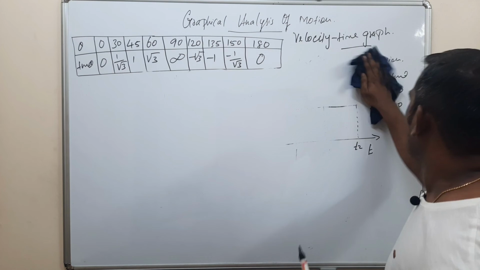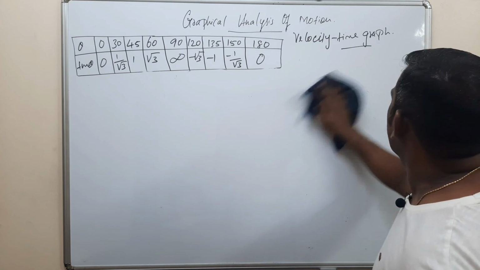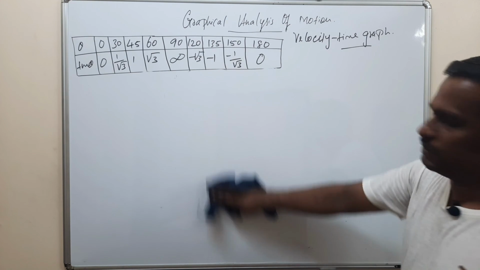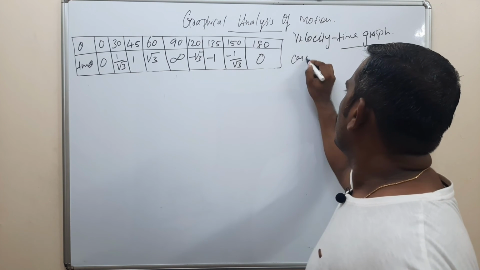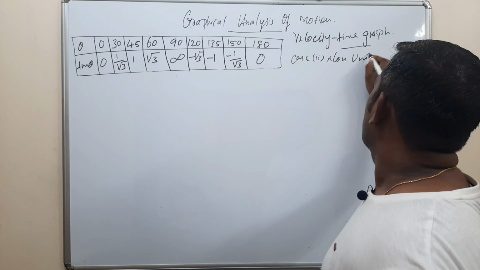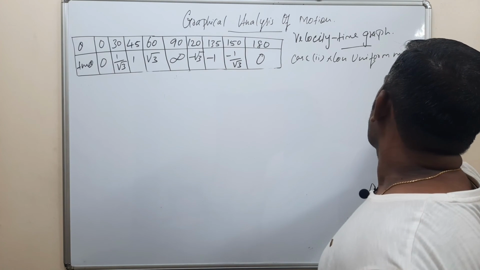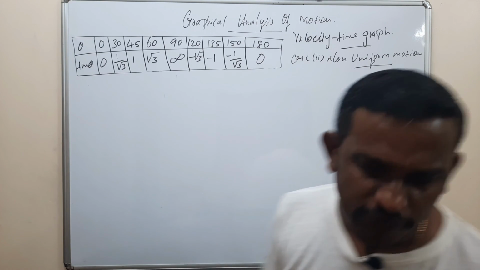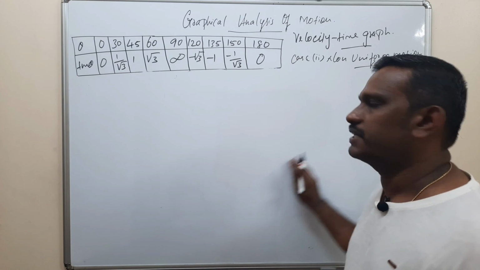Then case 2, non-uniform motion. Non-uniform motion means velocity increasing or velocity decreasing.